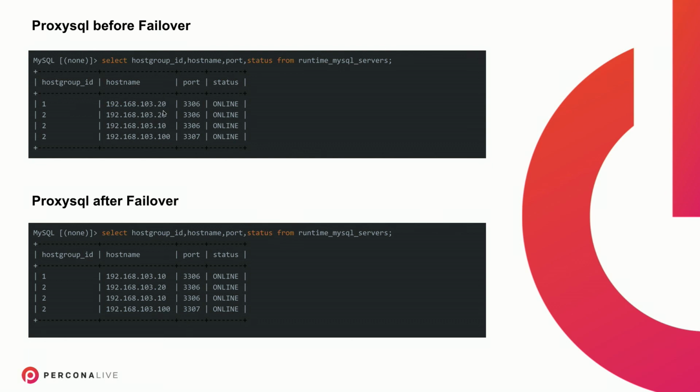The first 20 is the master. We still see this 20 because writer is also a reader is enabled in ProxySQL. If we disable that, then the failed over host will not be available in this host group. That is what I wanted to show here.